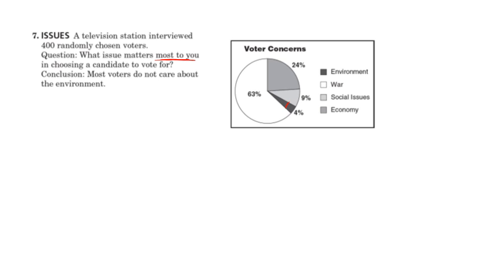Just because, let's say, war matters most to me doesn't mean I don't care about the environment. Maybe that's my number 2 issue, like after war, or after social issues, the environment is my next issue. Let's say for everybody the environment is second. There are still a lot of people who care about the environment.